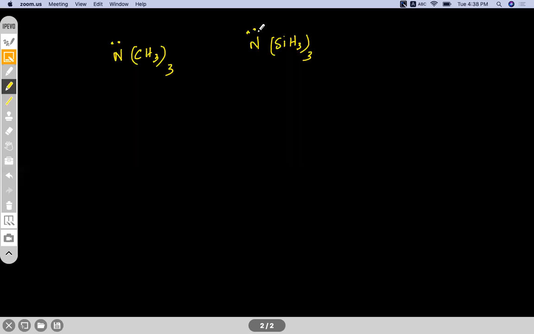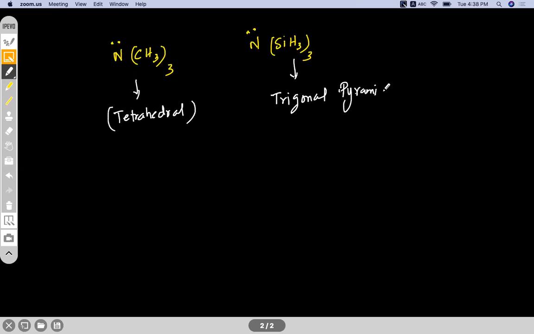Okay, so this N(CH3)3 has tetrahedral geometry, but this one is trigonal pyramidal, or simply pyramidal.